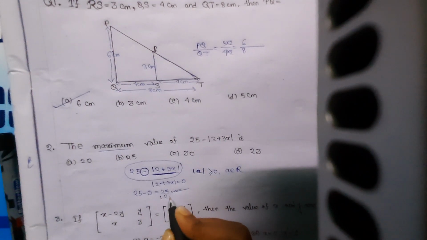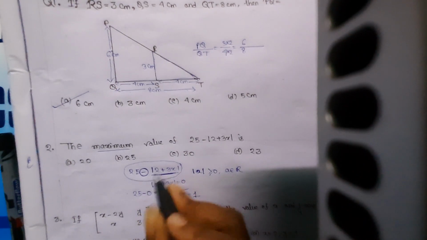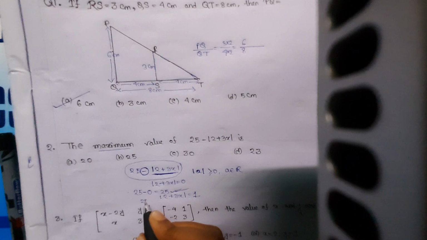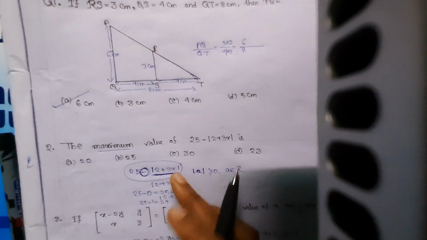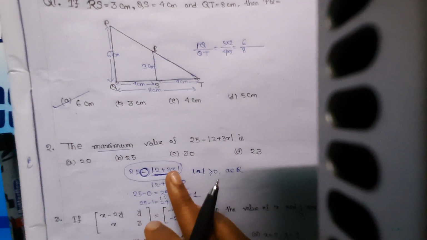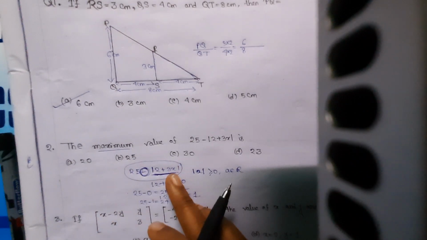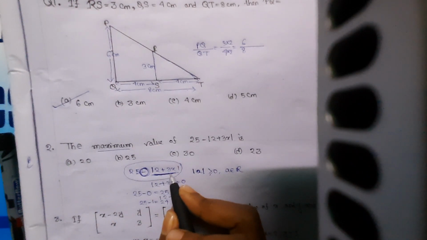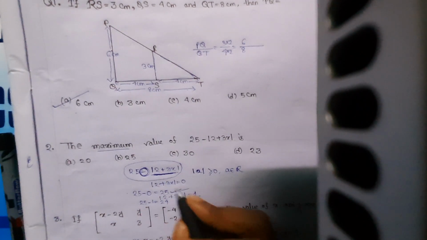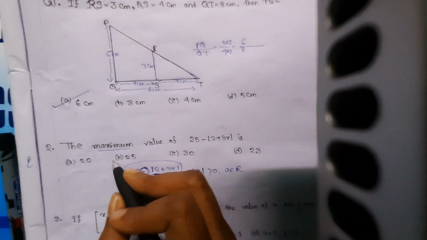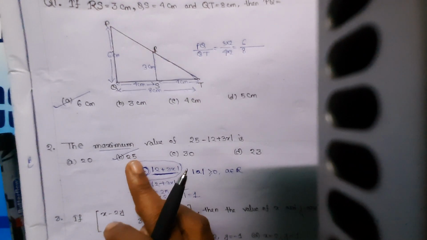If the value of 2 plus 3x is 1, then you get 25 minus 1, and this becomes smaller, since the minus symbol is present and a larger value of the modulus reduces the value of this expression. That's why we take the value of this modulus as 0 to make the expression maximum, and the maximum value becomes 25. So option B will be your answer.